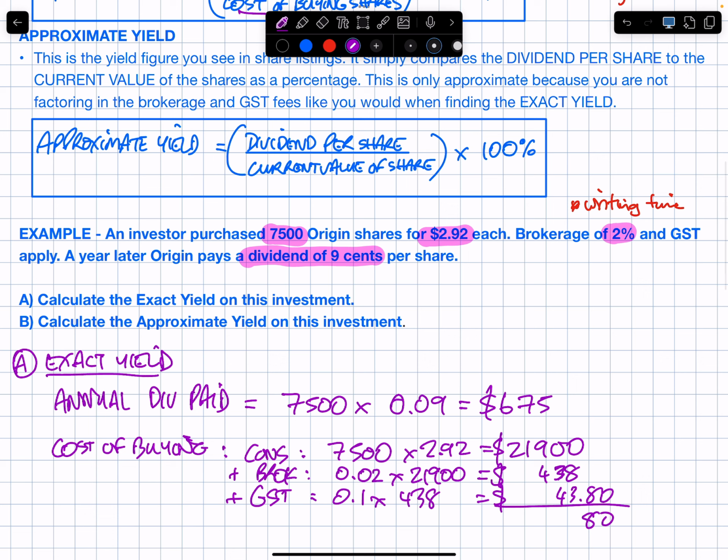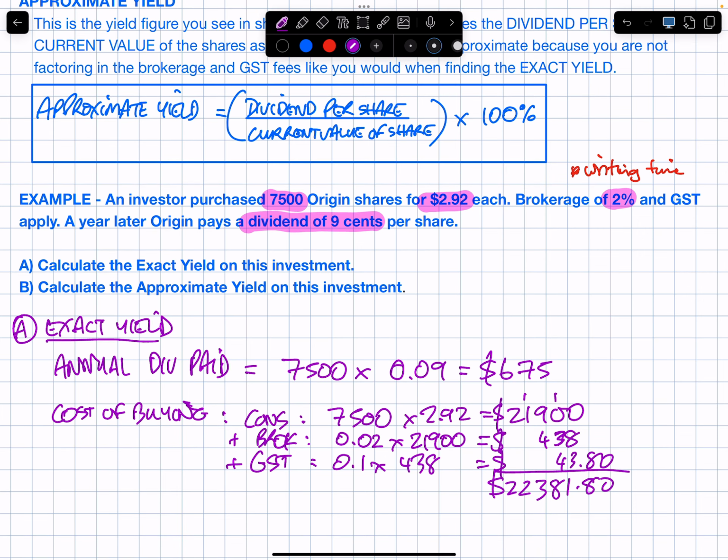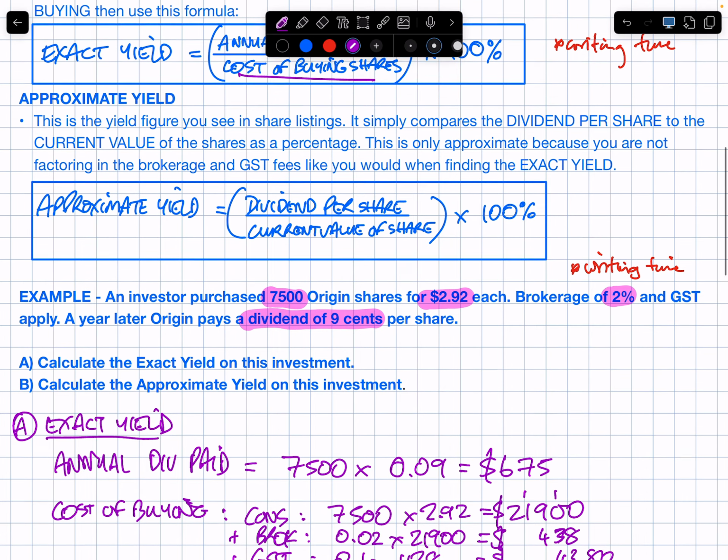So the total cost is going to be $22,381.80 in total. I have the numbers I need to find the exact yield.